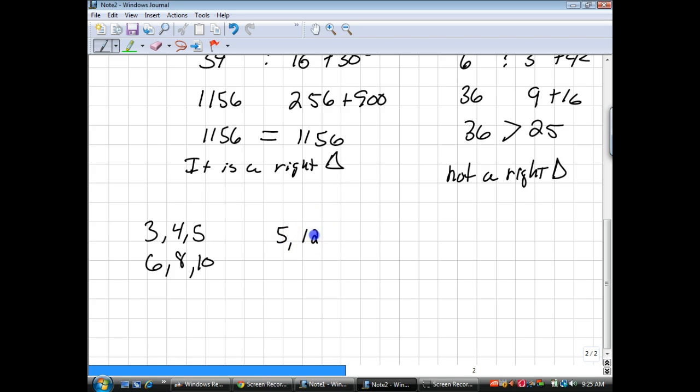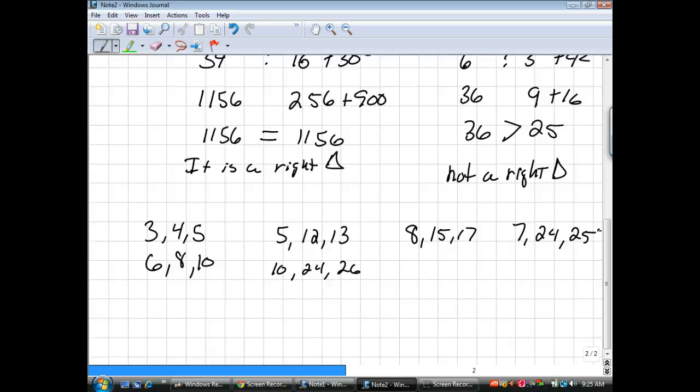A 5, 12, and 13 is always a right triangle. And again, multiples of that. So 10, 24, 26. If we multiply by 2, we can multiply by 3, etc. We also have 8, 15, 17 is a Pythagorean triple. And the last common one is a 7, 24, 25. Okay, so those are all Pythagorean triples.